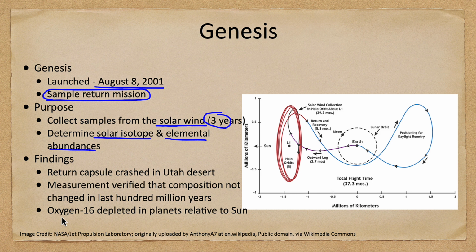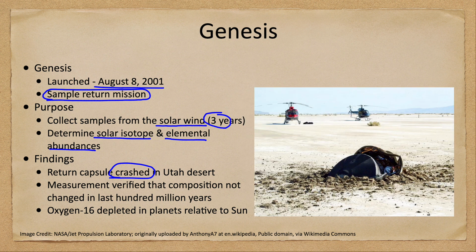Now, the idea originally was for it to be caught as it came down, that a helicopter would catch the descending spacecraft. And this had been planned and practiced. Unfortunately, it ended up crashing in the Utah desert because of a malfunction on the spacecraft where it did not slow down sufficiently, and therefore the helicopters were unable to do their maneuver to capture the spacecraft.